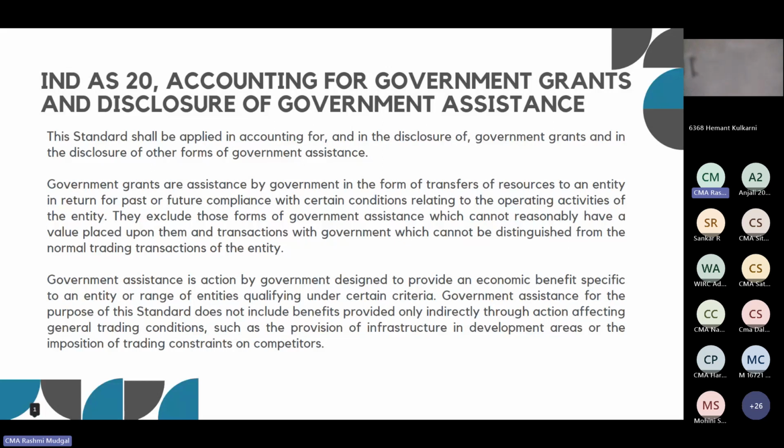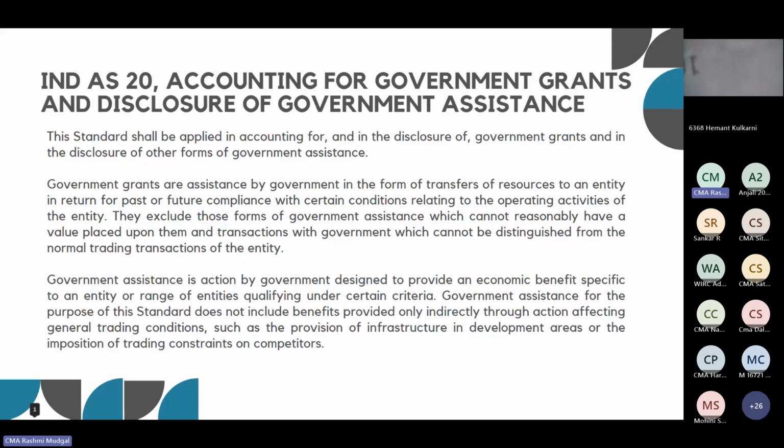This standard shall be applied in accounting for and in the disclosure of government grants and in the disclosure of other forms of government assistance also. Government grants are assistance by the government in the form of transfer of resources to the entity in return for past or future compliance with certain conditions.